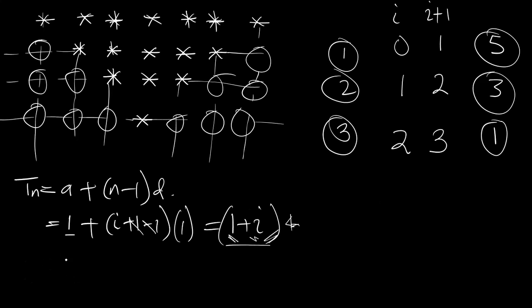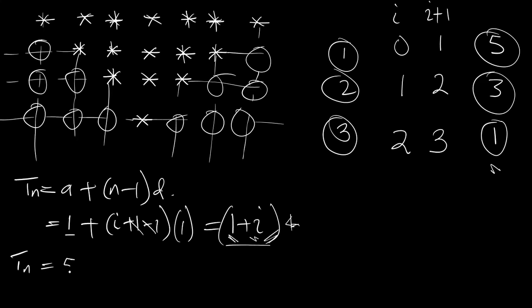Now the next one, which is the stars. With this one, the stars are 5, 3, 1. So we're going to still make use of this formula.